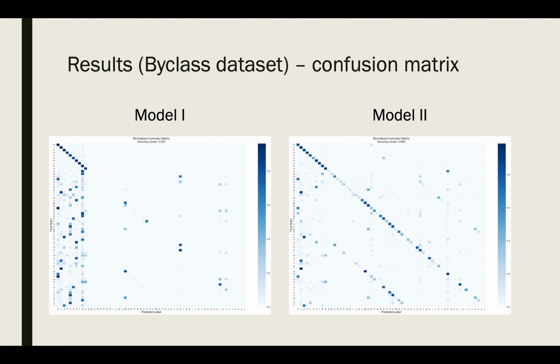And here we can see the confusion matrices of these two models for the by-class dataset. We can see that model 2 has done a good job, except for some of the classes which are assigned mistakenly. For example, here we can see lowercase m and uppercase m, which are very similar to each other.